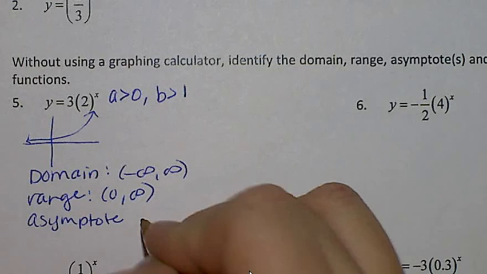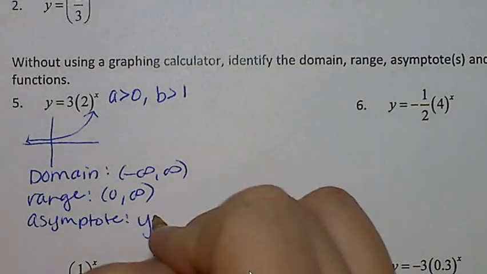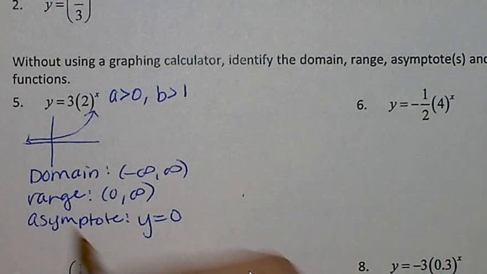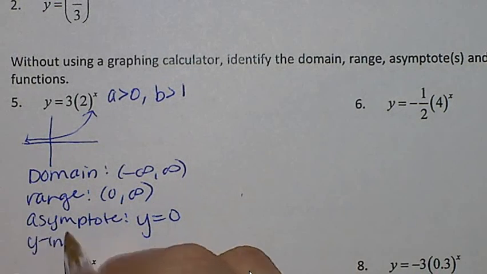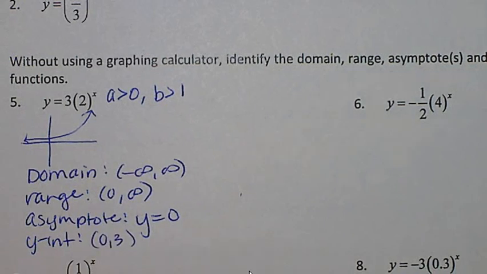Y equals 0. Thank you. And the y-intercept for this problem is what, Jacob? You can't just say 3, but you got the right idea. 0, 3. Can you do a thumbs up or thumbs down if you understood that? Okay, so your goal right now is to finish 6, 7, and 8. Go.